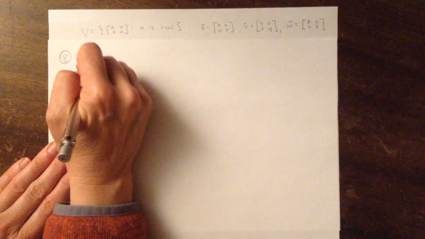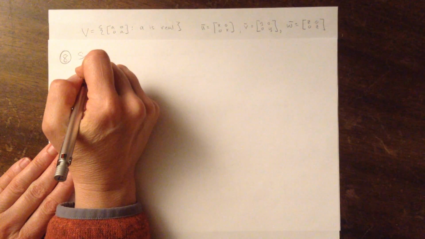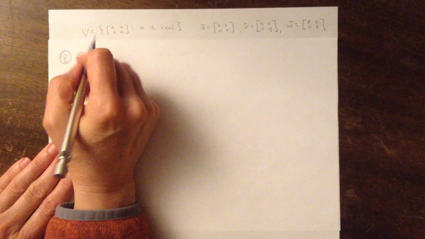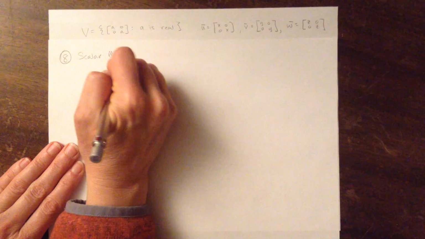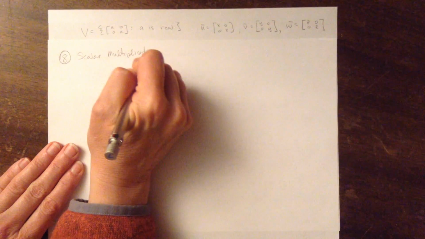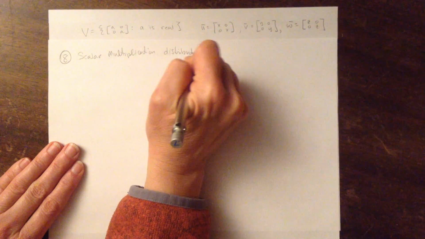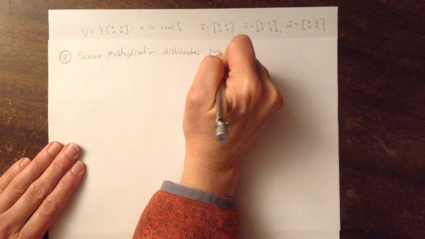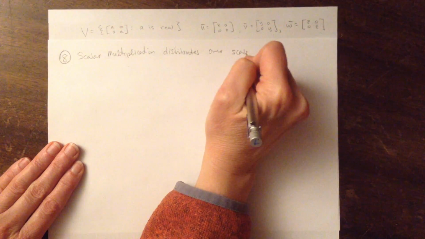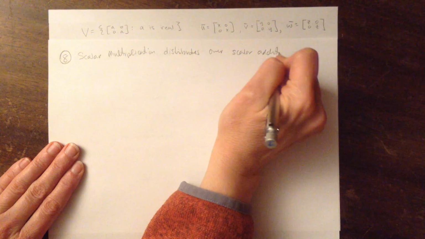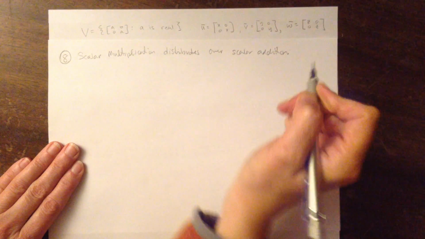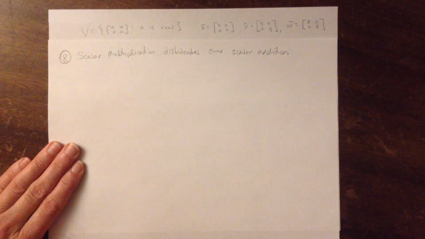It's a scalar multiplication distributes over scalar addition. That sounds funny, and I'm not sure I'm saying it right. I'm not too sure about the wording there.